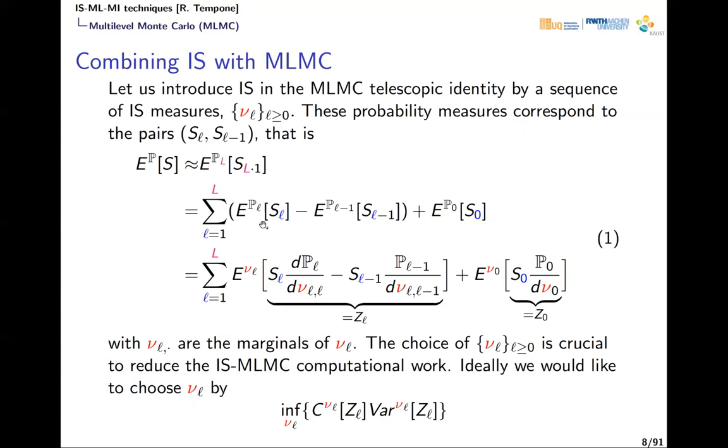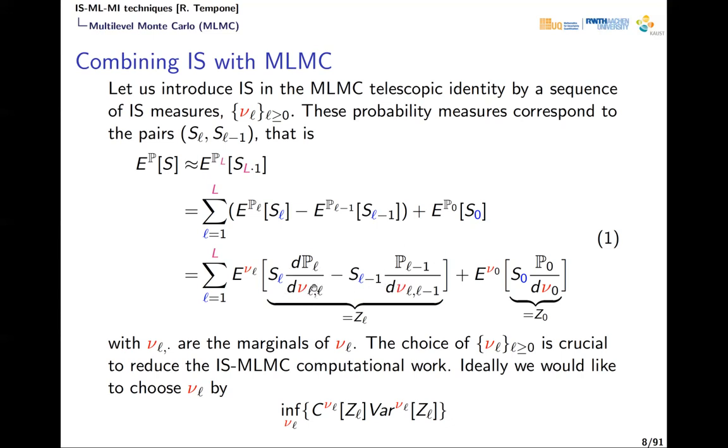All right. So in this expectation representation, there is no yet coupling between sampling on the different levels, and that's why the nu L's are brought in. We will then sample together SL and SL minus 1 using the nu L joint measure, and I have to correct here using the corresponding likelihood factors, right?